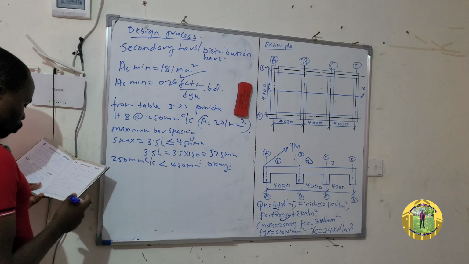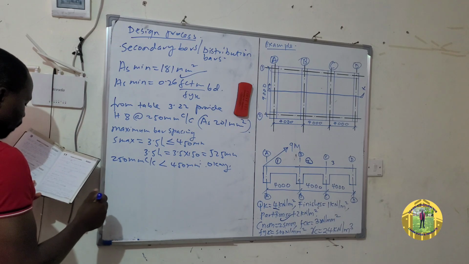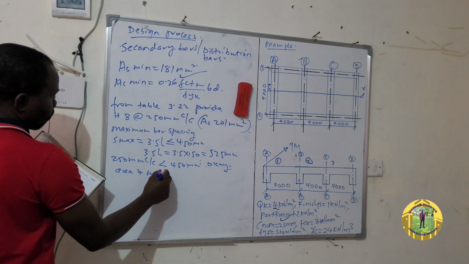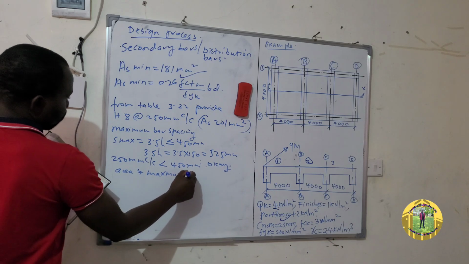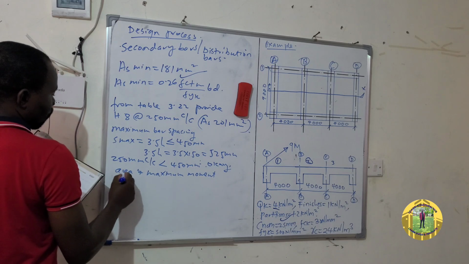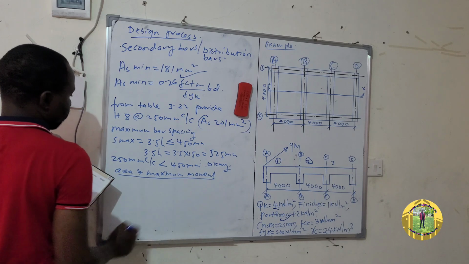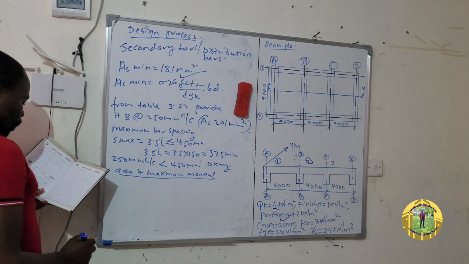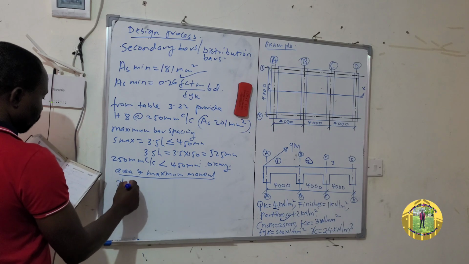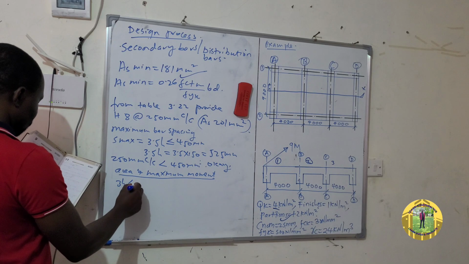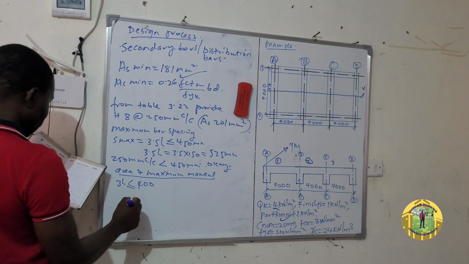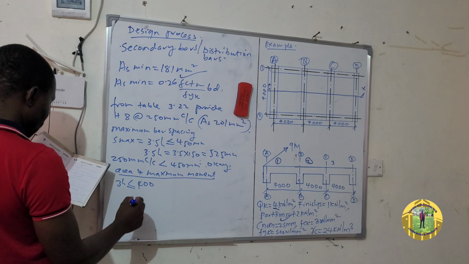And then for the max area of maximum moment, this is where the maximum moment is high. So this one is given by this formula: 3H must be less or equal to 400 millimeters.